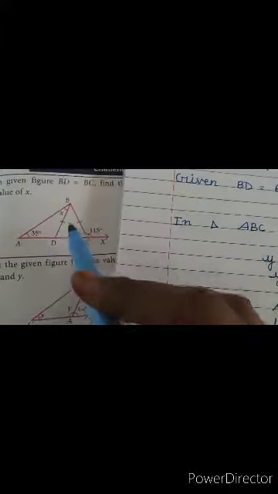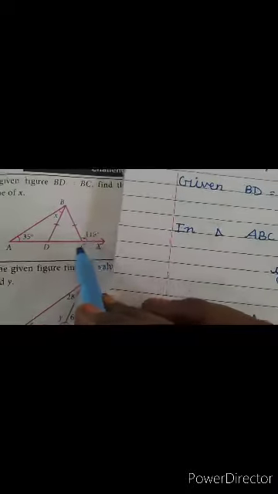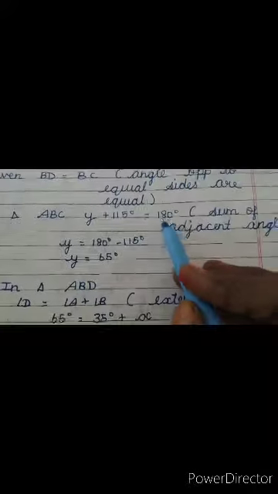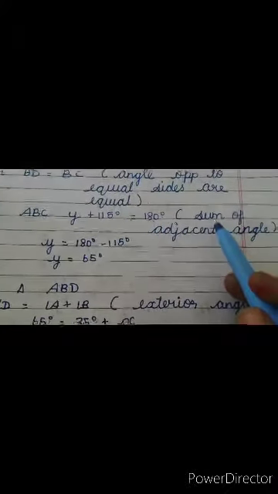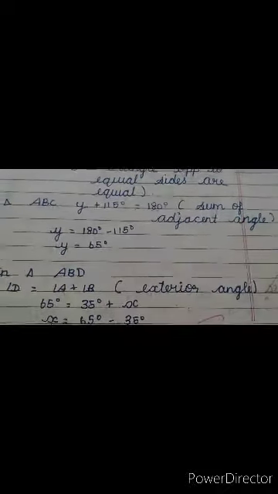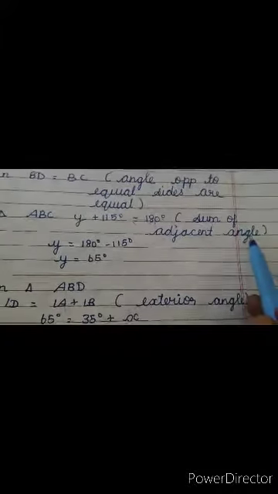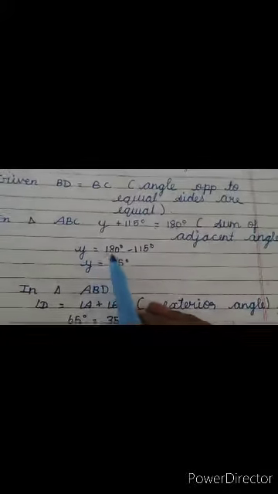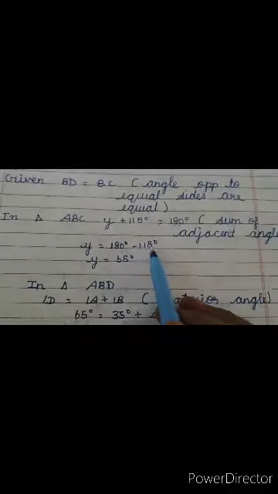So in triangle ABC, y plus 115, 115 is an exterior angle. Y plus 115 is equal to 180 degrees. The property we are using here is the sum of adjacent angles. So to find the value of y, equal to 180 degrees minus 115 degrees. So y equal to 65 degrees.